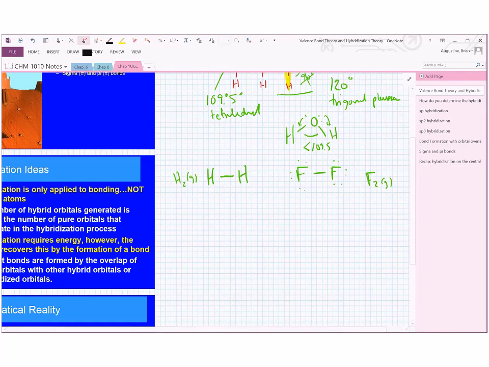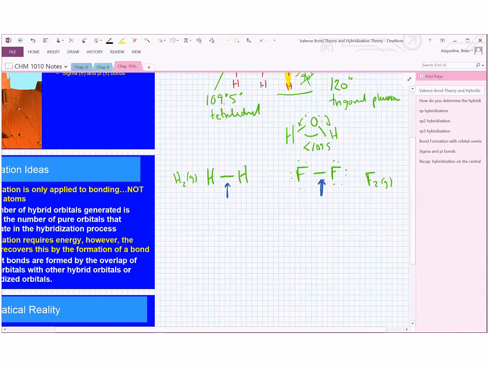If we look at the Lewis structures, we say that's got a single bond, that's got a single bond. It's a covalent bond. They're both non-metals. So these should basically be the same, right? It's hydrogen and fluorine. They both are basically the same thing.